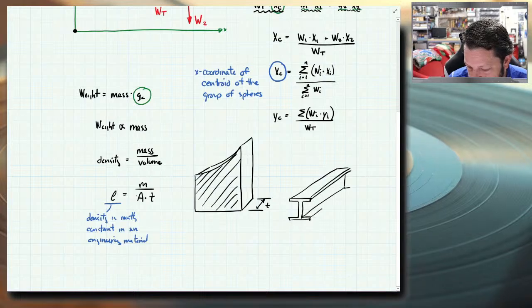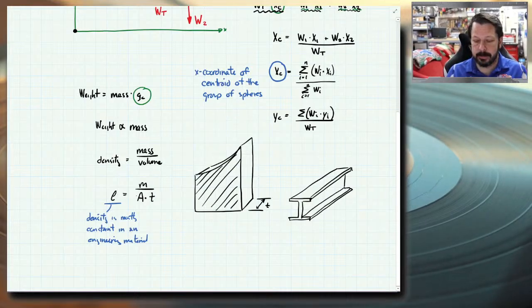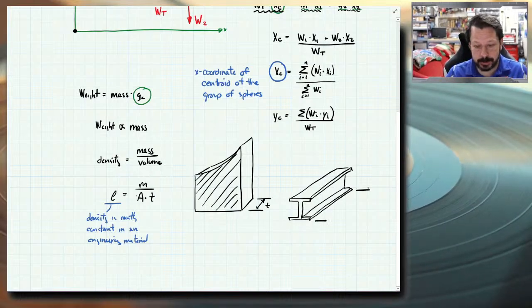It pretty much looks like this I all the way down, or maybe it's a channel beam, or maybe it's a rectangular beam like a 2x4, or who knows. Most of the elements that we're going to worry with, they don't change their cross section from one end to the other end of the thing. It stays that same cross section.